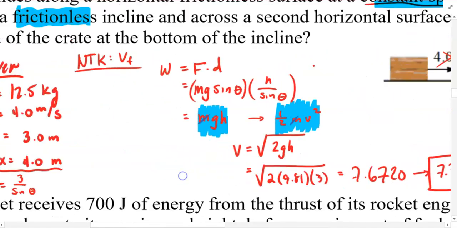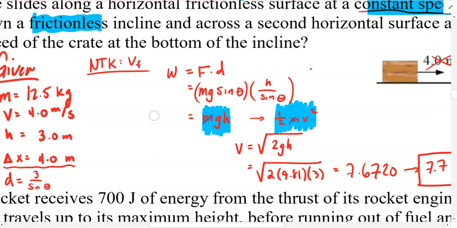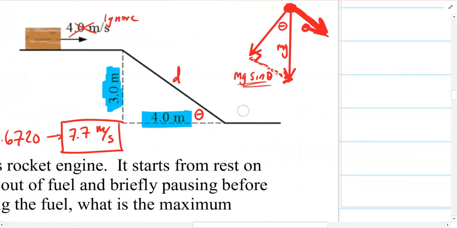One other thing to note too is that the same theta value appears here and here. Those two are the same theta values, and that does tell us the total distance that the object travels. If I use sine of theta equals the opposite side length 3 divided by the distance that the object actually slides on this particular ramp, I can solve for the distance that the object slides.